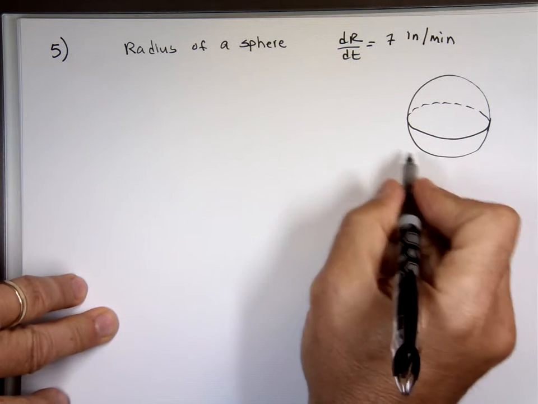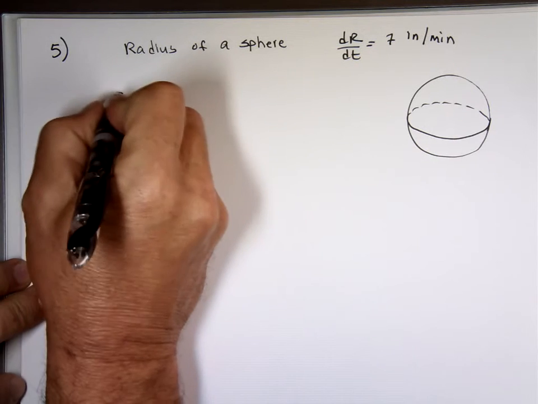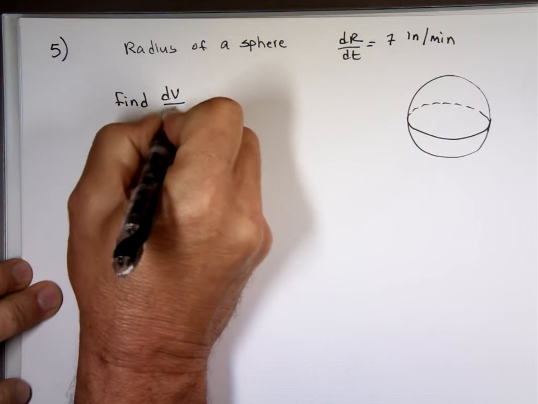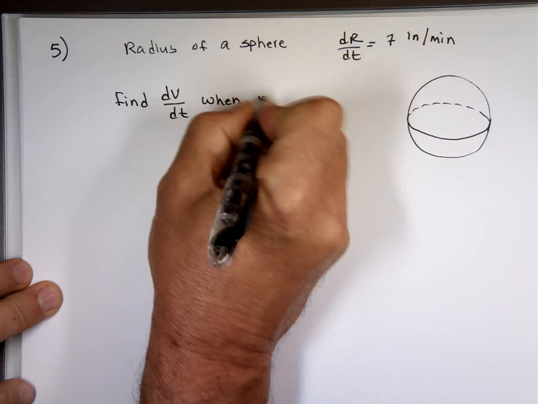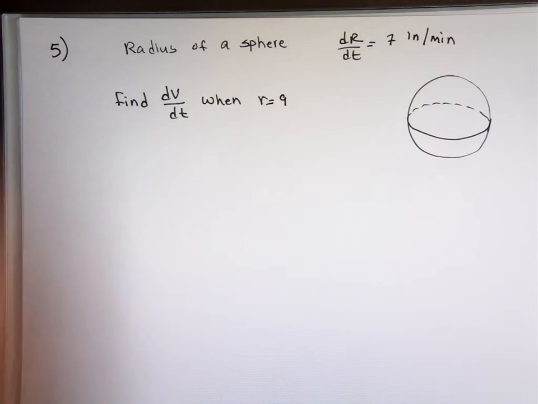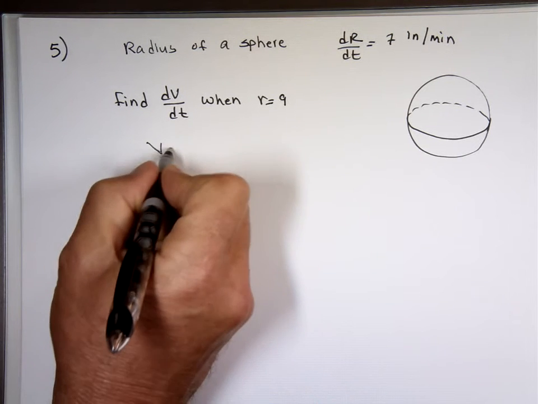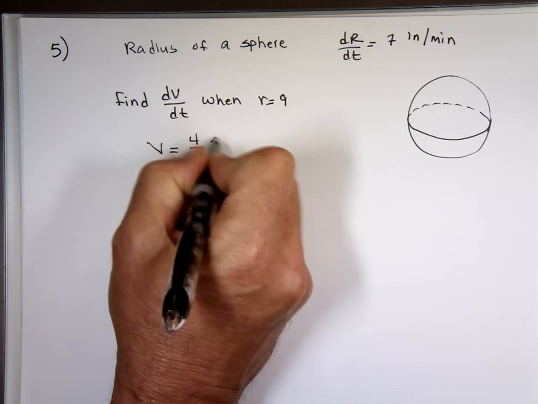So the equation for the volume, the question, find the rate of change in the volume. Find dV dt when r equals 9. Then they do it for a different value of r. Again, this one I'll probably give you on the test. The equation for the volume of a sphere is 4/3 pi r cubed.